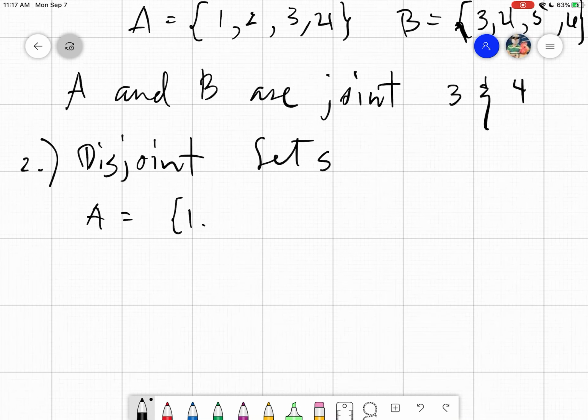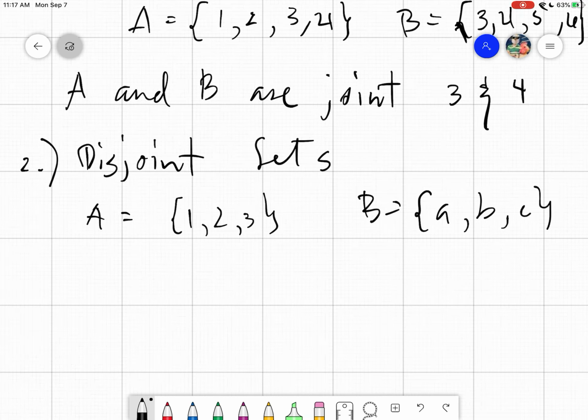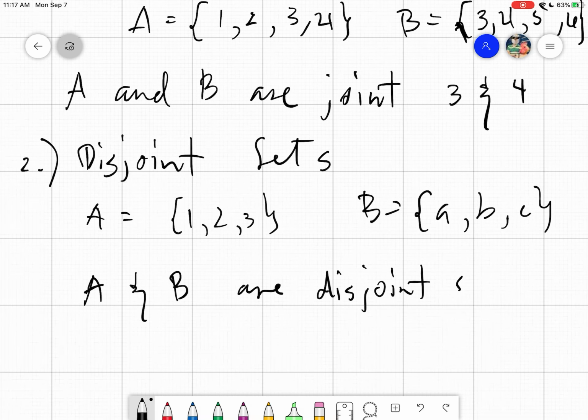We have set B, which is A, B, and C. So they are disjoint. A and B, set B, are disjoint. Bakit sila disjoint sets? Kasi nga walang common between them. Okay? Talagang totally wala. Ganun lang.